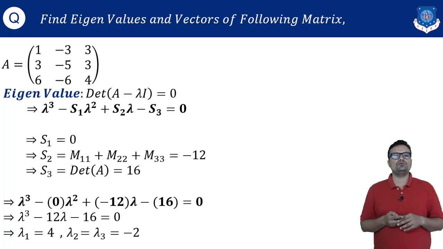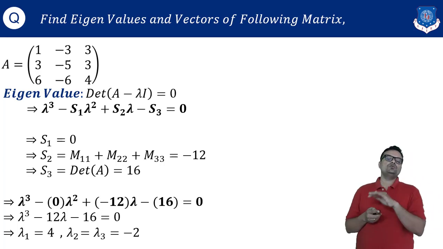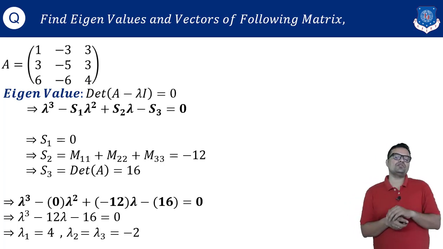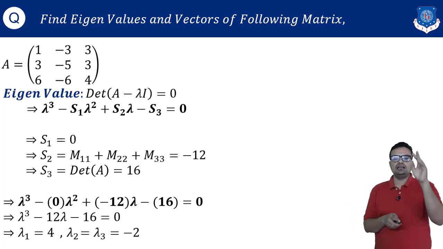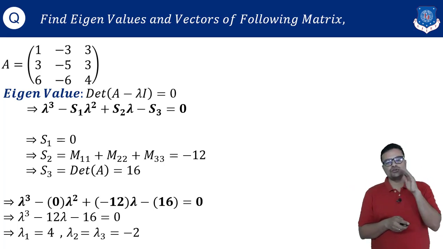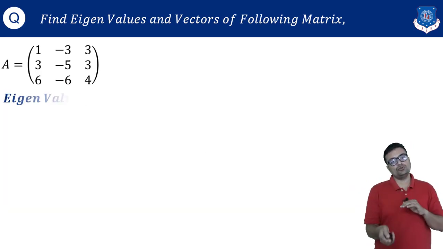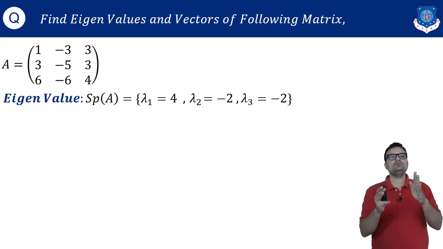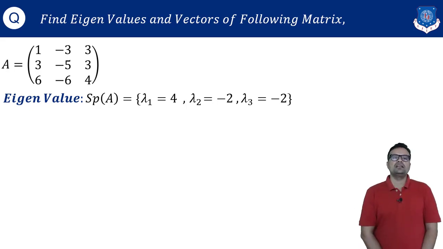So it will result into lambda cube minus 12 lambda minus 16 equal to 0. And this simply gives you by factorization that first value of lambda is 4, second and third value are minus 2. And so the spectrum of my matrix is lambda 1 equal to 4, lambda 2 equal to minus 2, lambda 3 equal to minus 2.